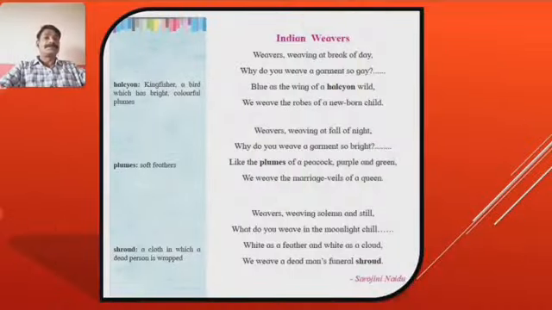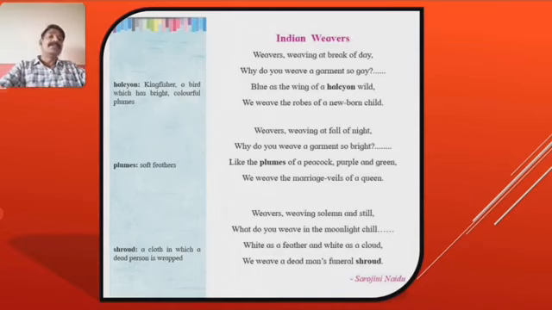So now you have an idea of what kinds of colors are there. In response to the question, why do you wear a garment so bright? Like the plumes of the peacock, purple and green, we are weaving the fabric for the marriage bells of the queen.